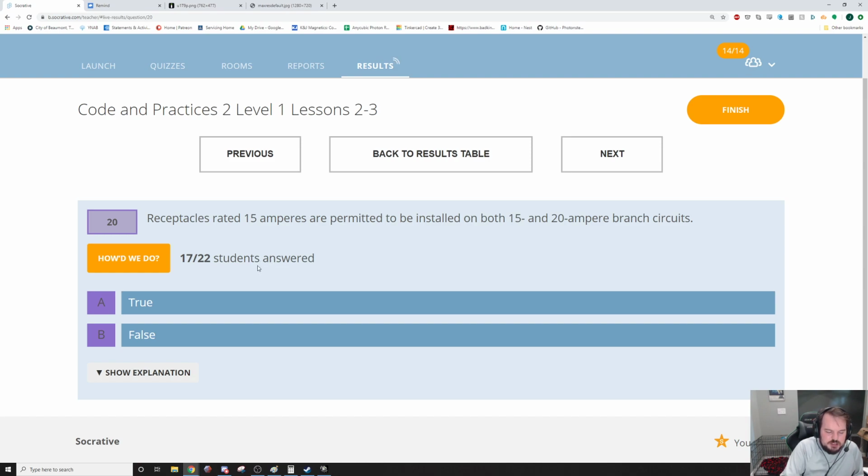This one is branch circuits and devices. Something about devices, I can't remember.